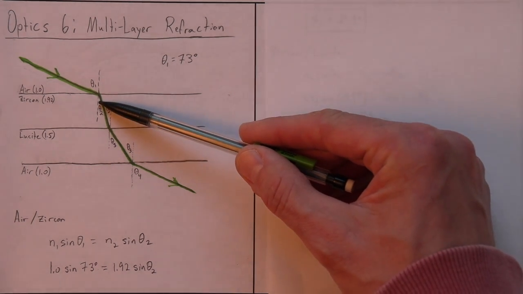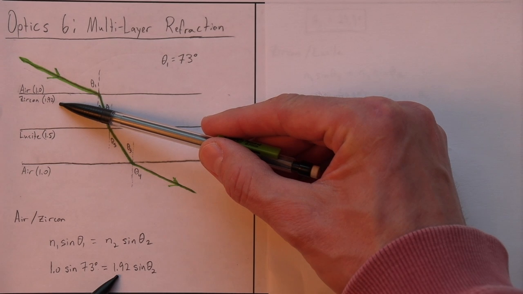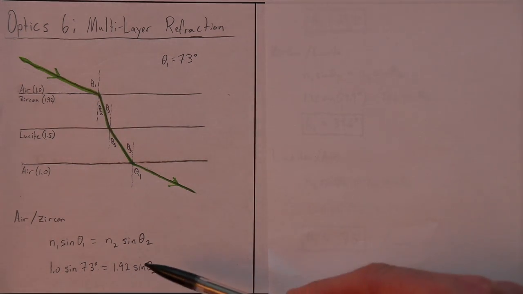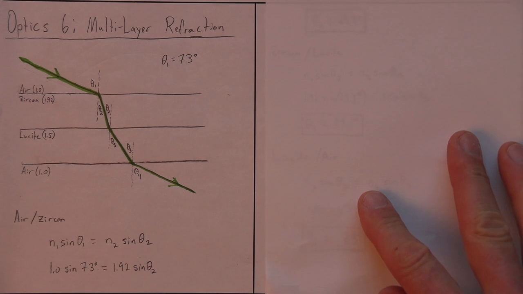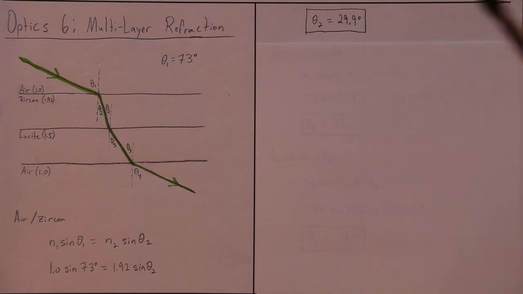In material 2, we have an index of 1.92, and then the angle is what we're looking for. We divide both sides by 1.92 and then do the inverse sine. To stay efficient today with the notes, I didn't show all the algebra, I just show the answer, 29.9 degrees. So go ahead and jot that down.